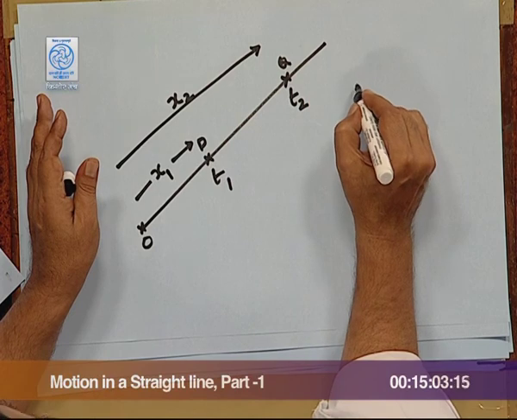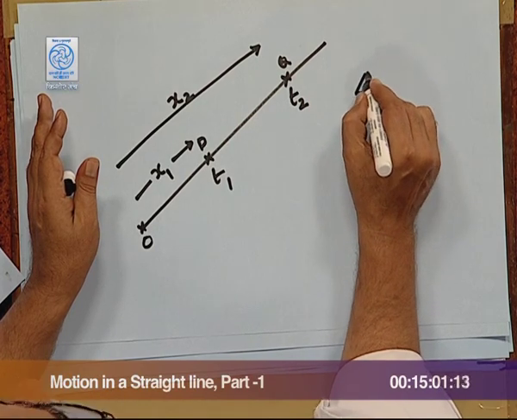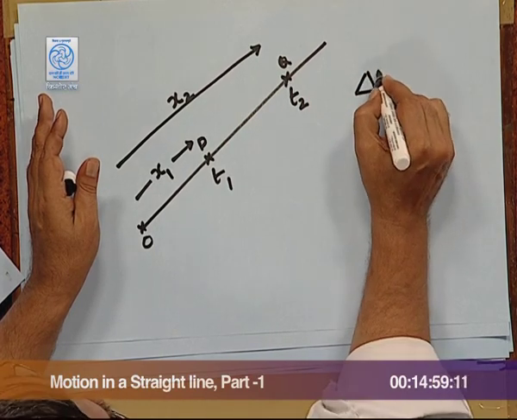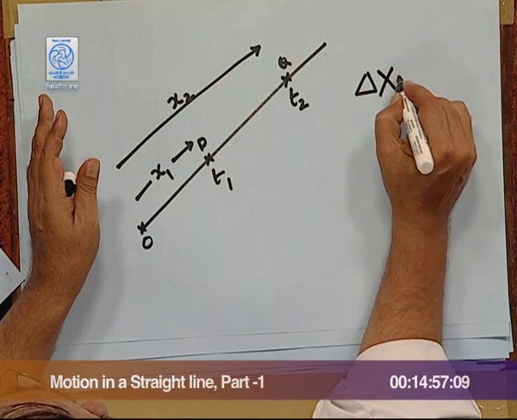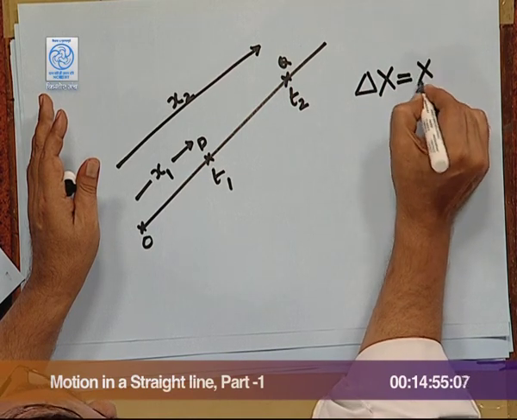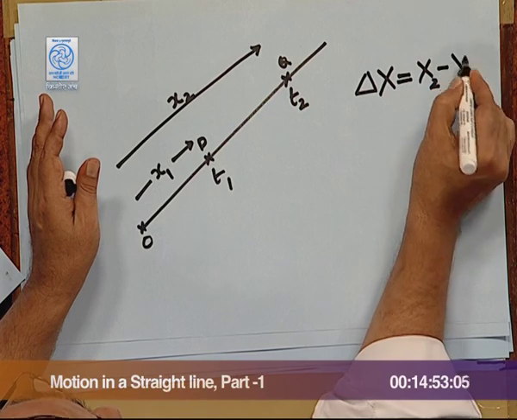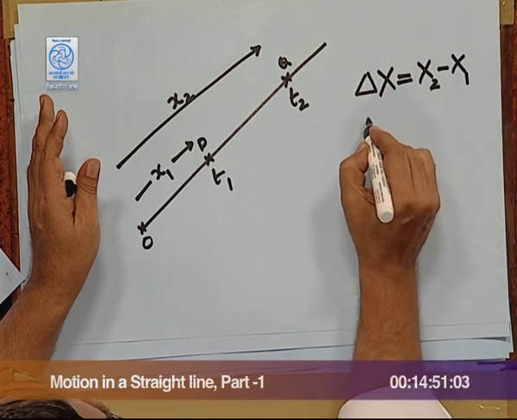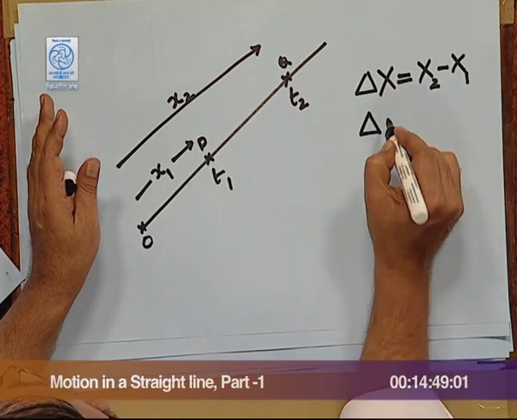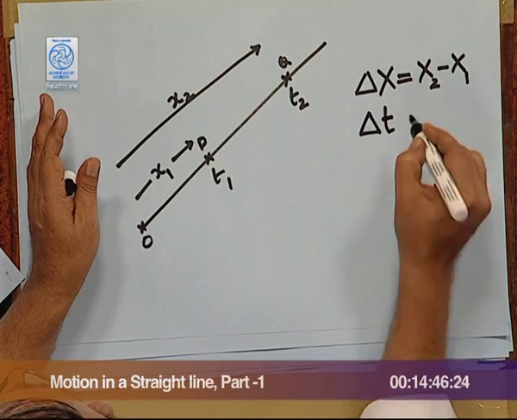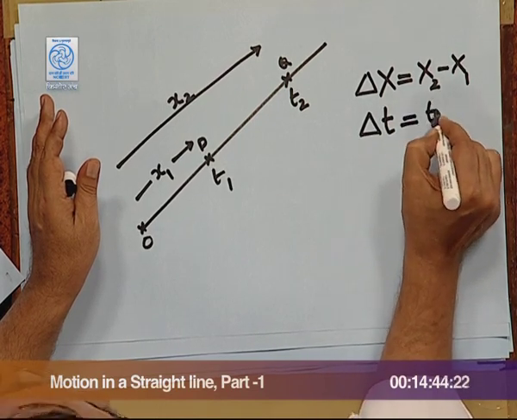Then the change in position, which is represented here as delta x, which represents x2 minus x1, has occurred in a time interval which is represented by delta t here, which is t2 minus t1.